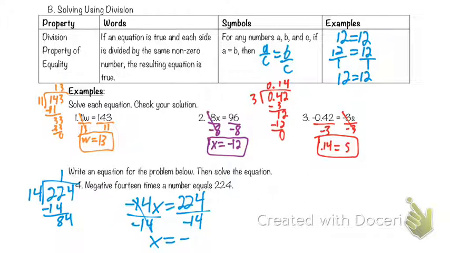Let's try 6 out, okay? Well, if I take 6 times 14, I'll do it up here. 6 times 4 is 24. Okay, 6 times 1 is? Plus 2. Hey, it did work out. 84 minus 84 is 0. So x is equal to negative 16. Questions on that?